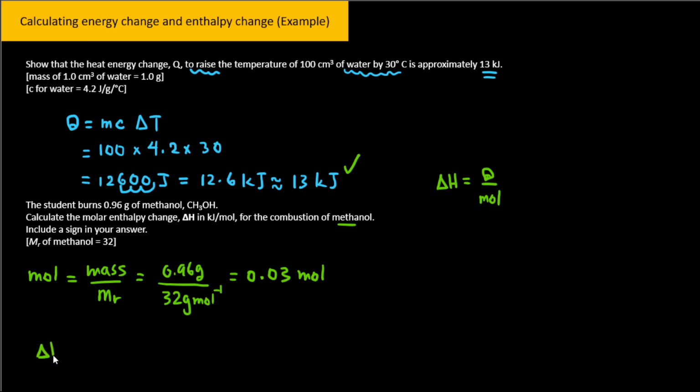Delta H is simply going to be 13 kilojoules divided by 0.03 moles, which will give you 433 kilojoules per mole.